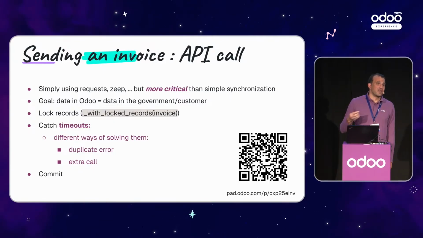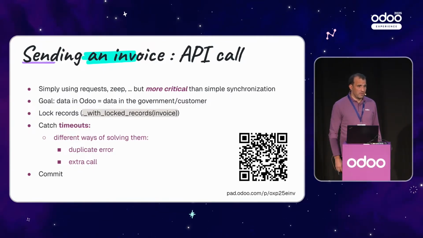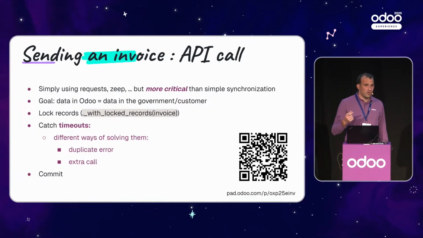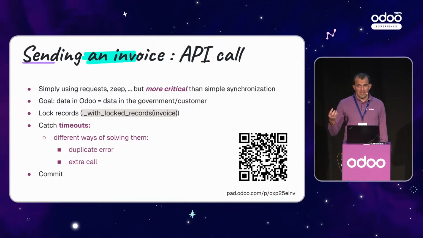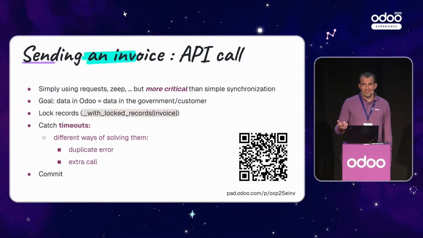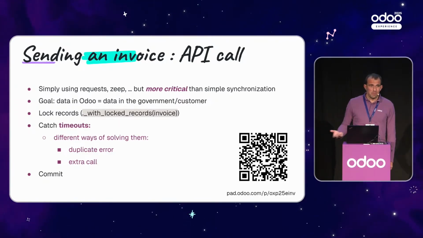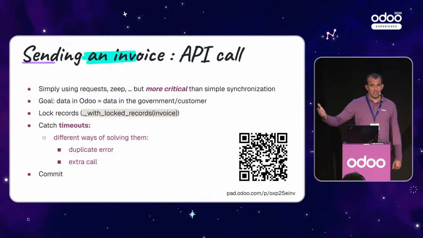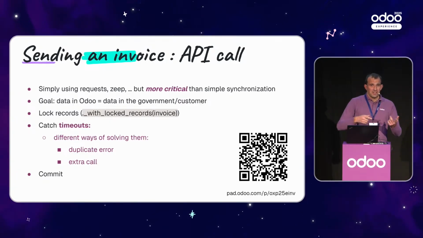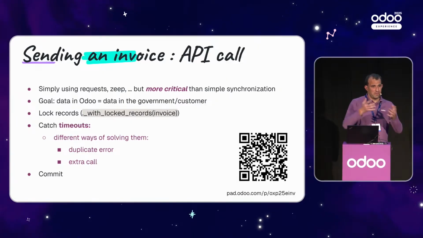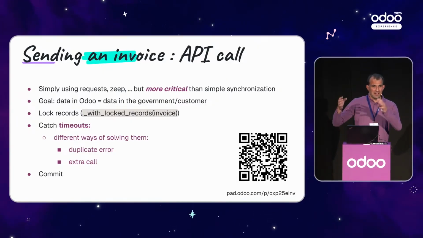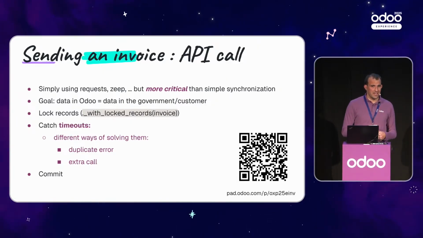And the same can happen in electronic invoicing. If you send an invoice twice to the government, they could ask you for twice the money, or you have to go in the portal and remove it. So you want the information that you have in Odoo and the information that the government has to be synchronized, to be the same.